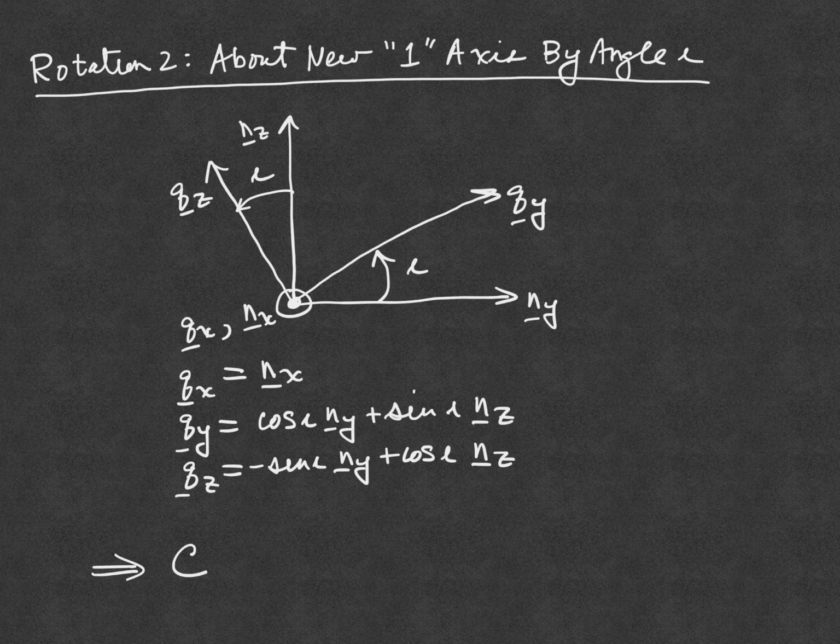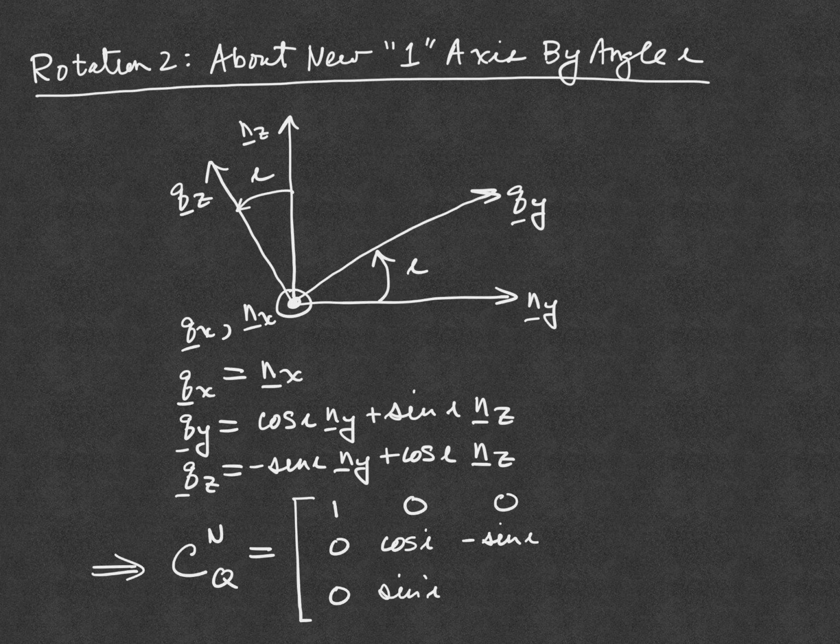The transformation now is from q to n, and it's equal to, well, the first column is 1, 0, 0. The second column is 0, cosine of I, sine of I. And the third column is 0, minus the sine of I, cosine of I. And in this case, the basis q is equal to qx, qy, qz. That takes care of the second rotation.